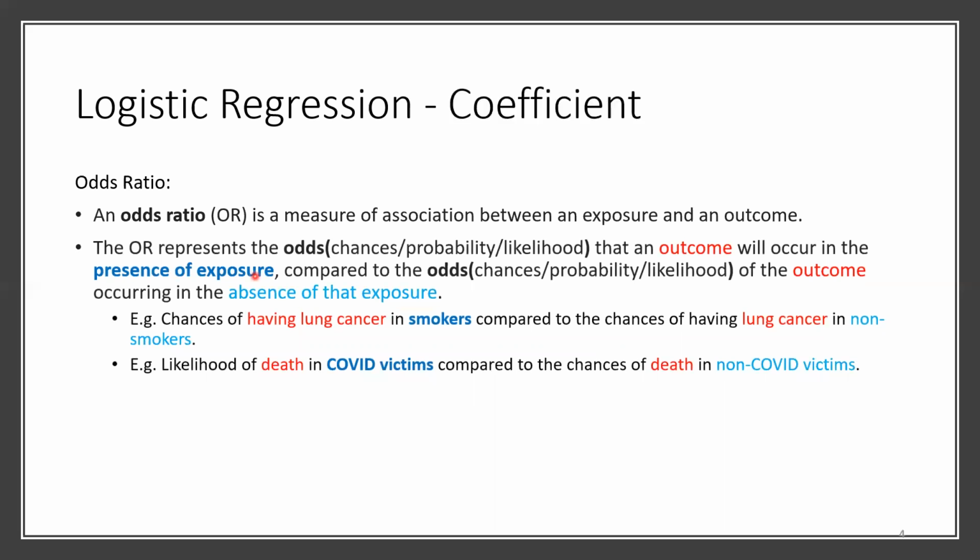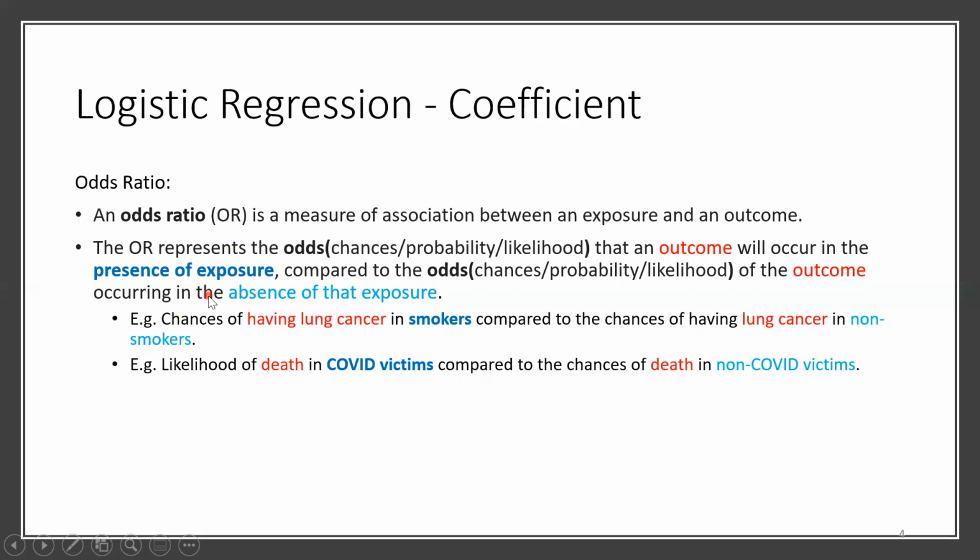When we want to interpret the odds ratio, it represents the odds, chances, probability, likelihood, etc. that an outcome will occur in the presence of exposure compared to the odds of the outcome occurring in the absence of that exposure. For example, in our first example, let's suppose our outcome is having lung cancer, our exposure is smoking, and the absence of exposure is being a non-smoker.